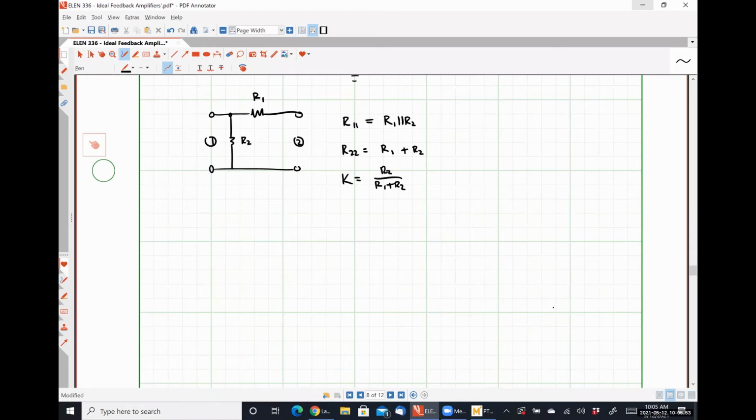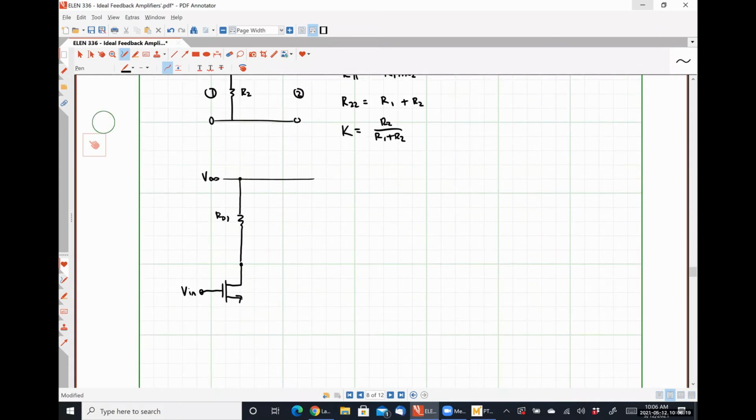So let's draw that guy. I'm going to connect R11, the input port loading resistance, to the input, which in this case would be the source of transistor M1.